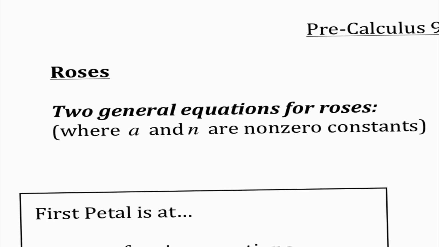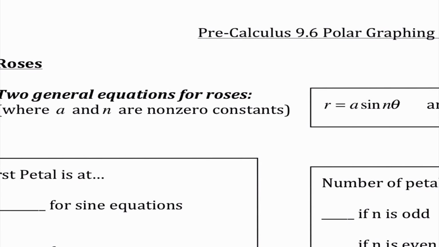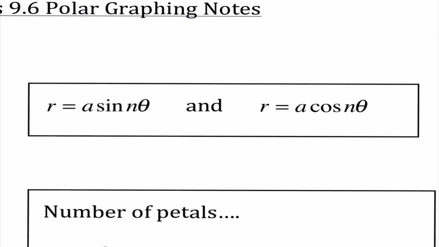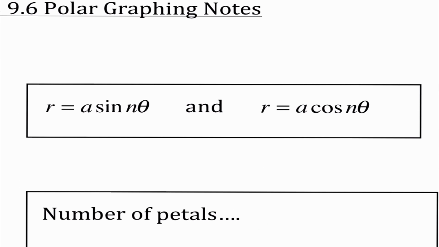We have two different general equations for roses, which you should have memorized: r equals a sine n theta and r equals a cosine n theta. Both are monomials, so we don't have addition or anything like that going on. A and n both represent constant values, so we're going to see numbers there.